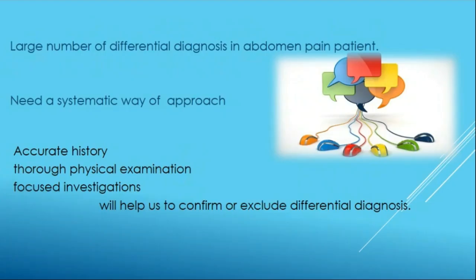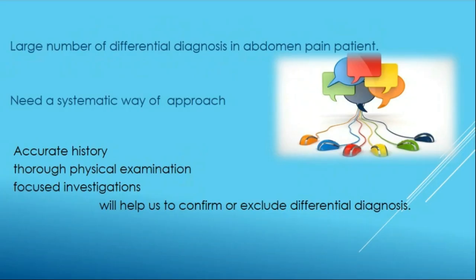If you don't have a systematic approach, we are just handling the patient without a proper idea. How are we going to have a systematic approach to the acute abdominal patient? That's not a magical thing. This is very simple. Right from medical student days, we study history, examination, and investigation. Same way here.